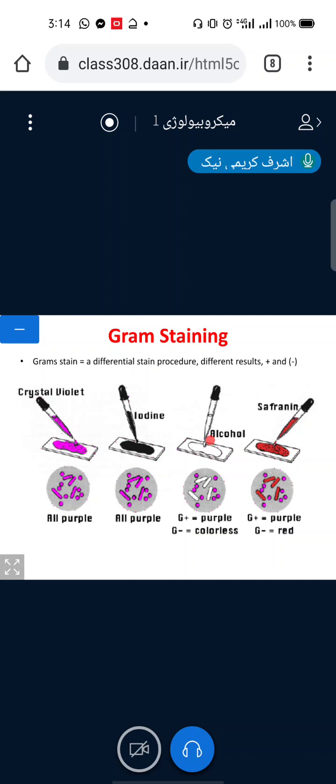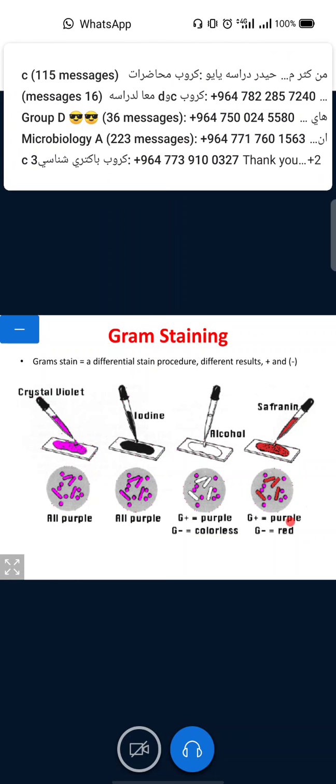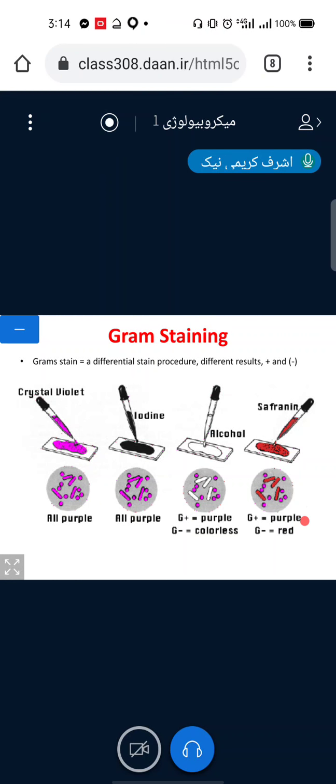After that, alcohol decolorization: gram-positive stays purple and gram-negative becomes colorless. Next stage, safranin, which is red. Gram-positive are purple and gram-negative will be red or pink.